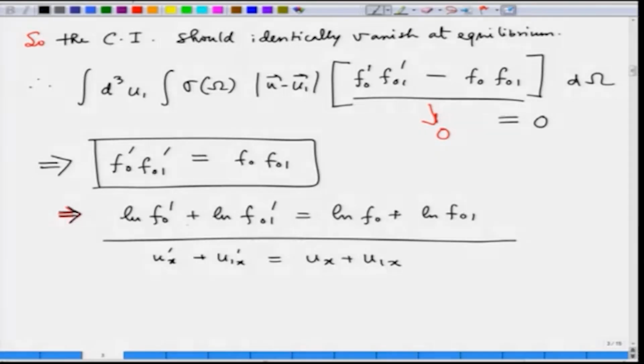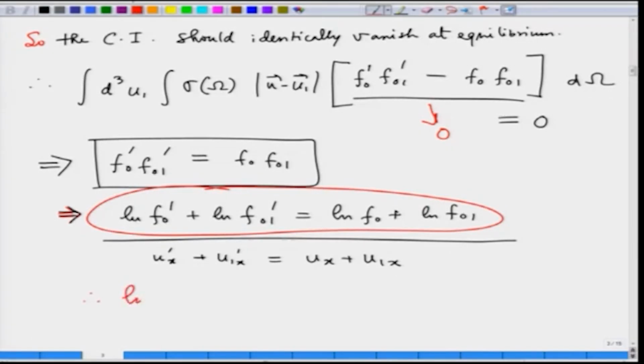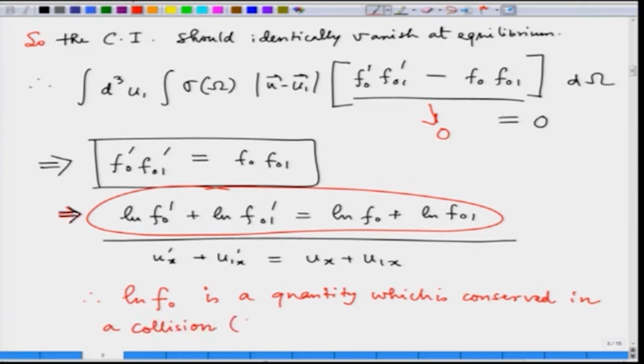So, here it looks like an analogous thing. So, log of f0 is a quantity which is conserved in a collision, of course, which are binary and elastic in nature, because otherwise this collision integral form will not be the same.